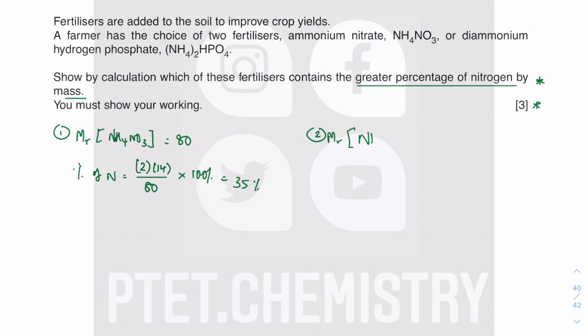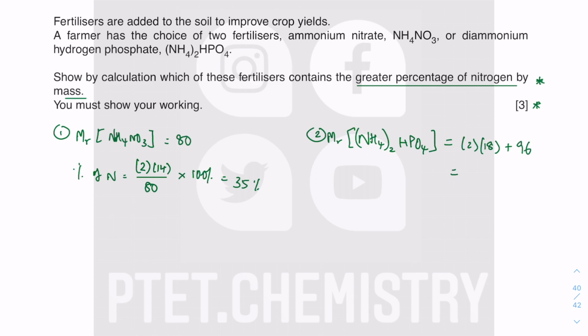This is ammonium NH4 twice, HPO4. So be very careful what they have given you. So I have 2 times 14 times 1 plus 4 times 1, that is 18. And then I have hydrogen, which is 1, plus phosphorus, which is 31, and then 16 times 4, which is 96.